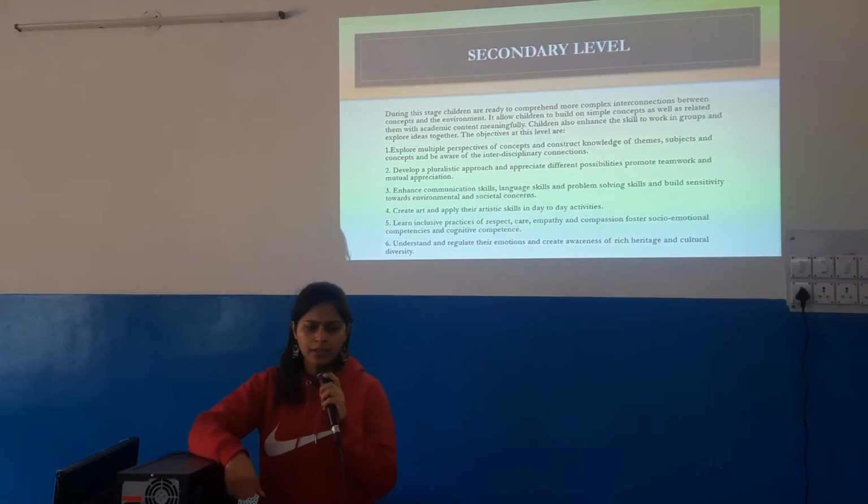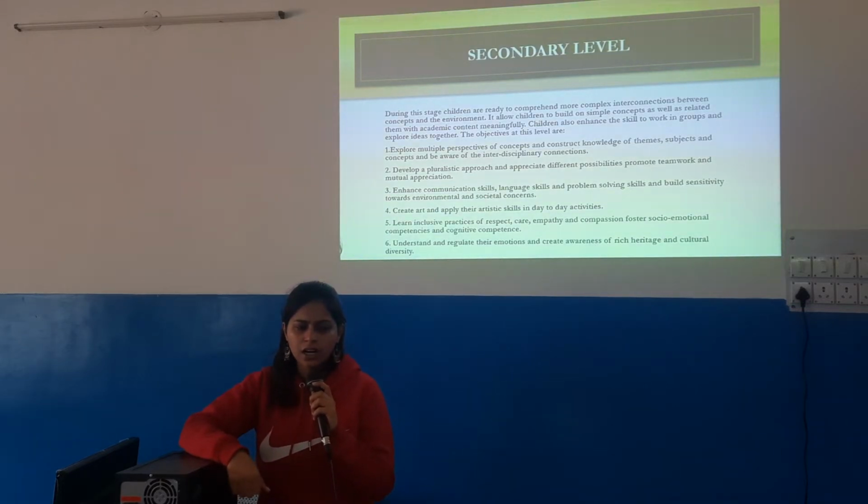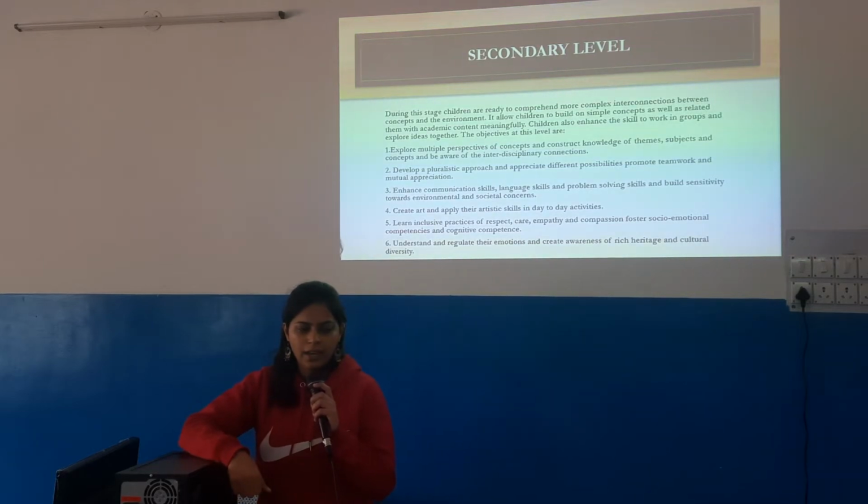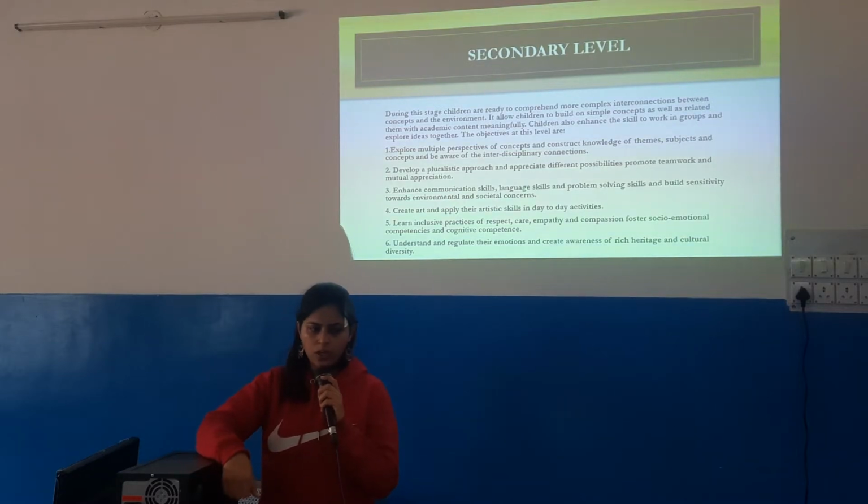Explore multiple perspectives of the concept and construct knowledge of the theme, subject, and concept, and be aware of interdisciplinary connection. Next, develop a pluralistic approach and appreciate different possibilities, and promote teamwork and mutual appreciation.